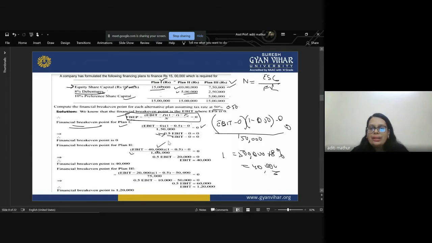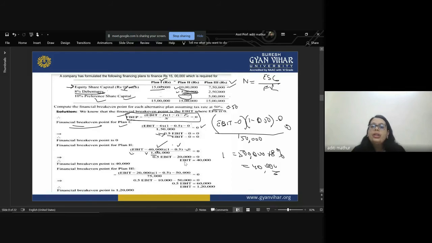So minus 40,000, into 1 minus tax, minus 0 because they still don't have any preference share dividend here, divided by 1 lakh, that is 10 lakh divided by 10, which gives you 1 lakh. When you do the cross multiplication and solve the equation, you will come to know that the EBIT equals 40,000.